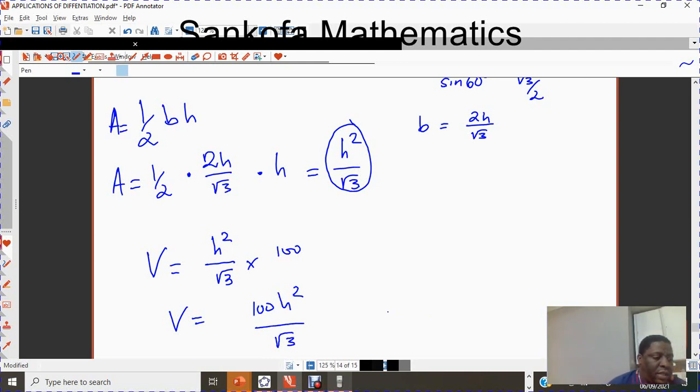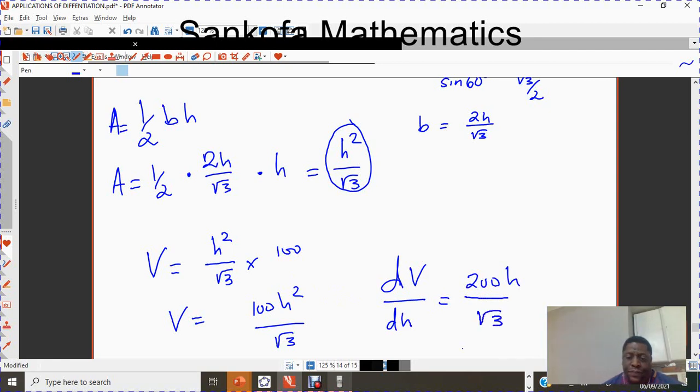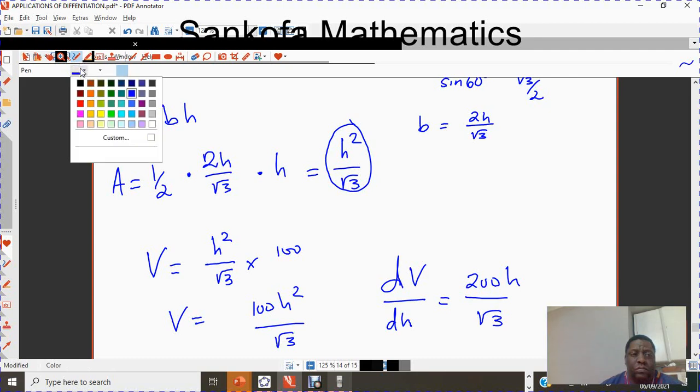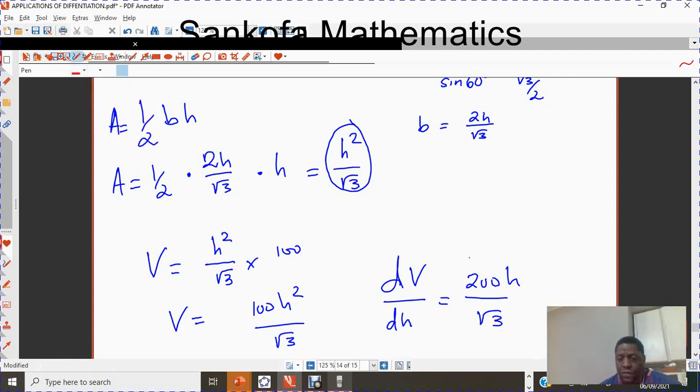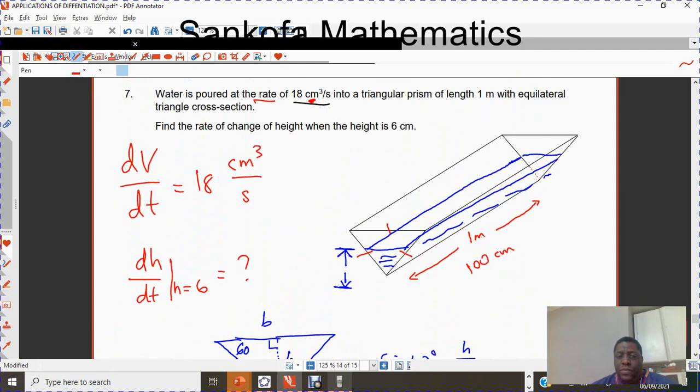Now that we have the volume, we can actually differentiate with respect to the height. And if we do that, we'll have 200h over root 3. So we have got dV/dh here. We also have got dV/dt.